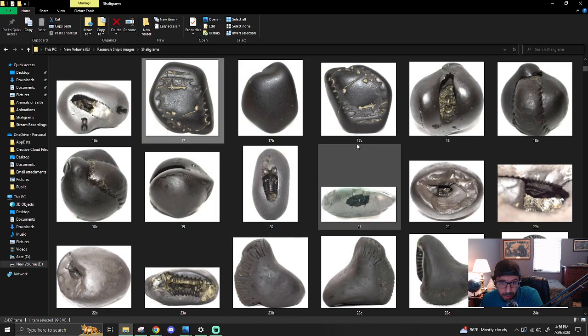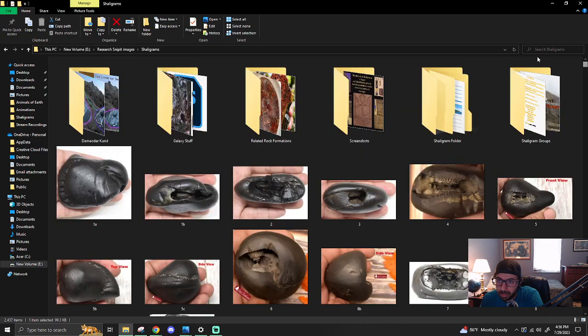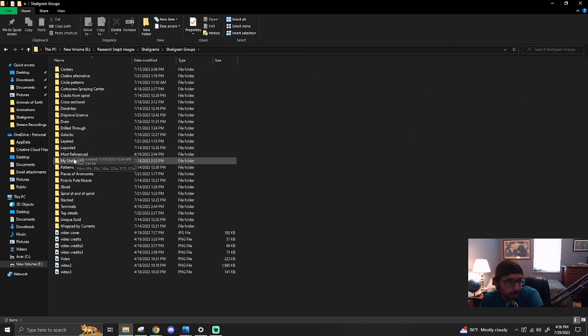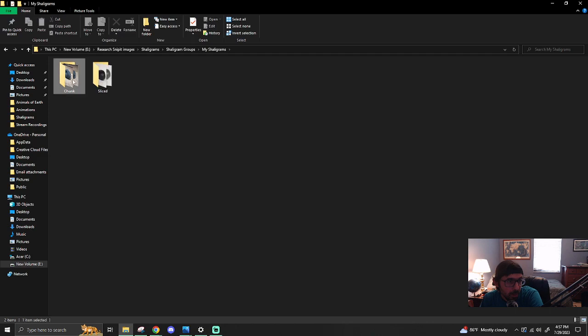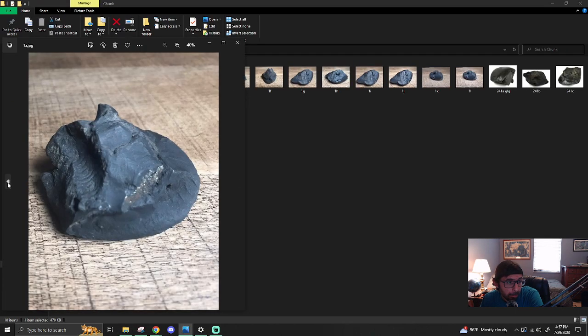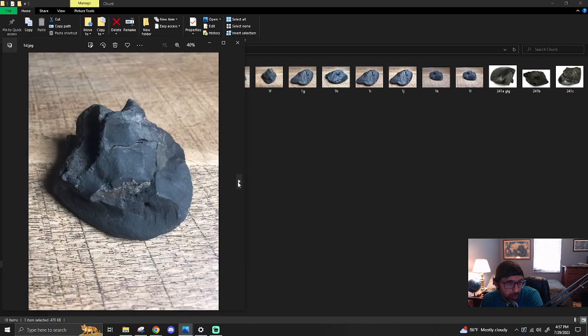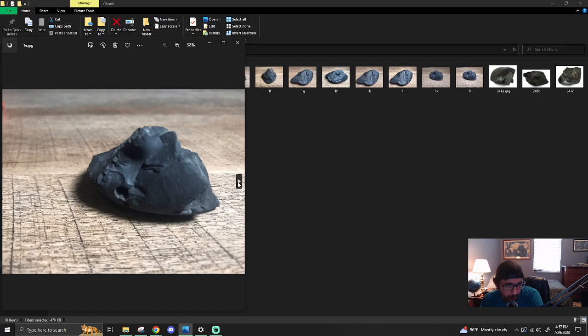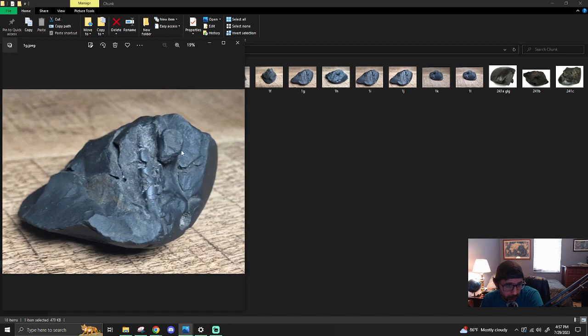Which makes me think of this chunk here. This portion is the dendrite. Let's find it. Good angle. Here we go. Dendrite, and then this thing.